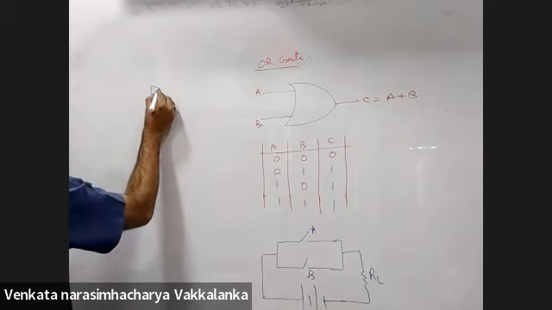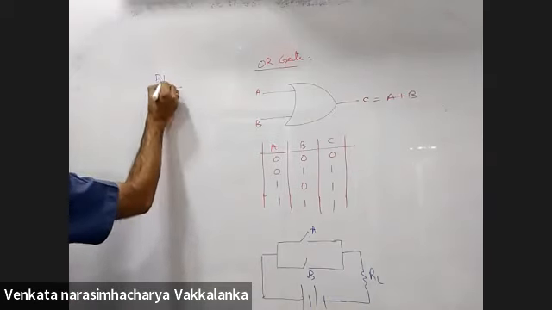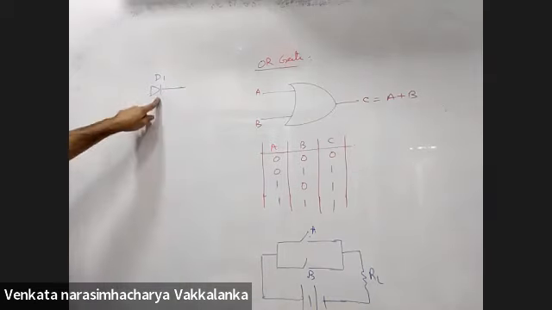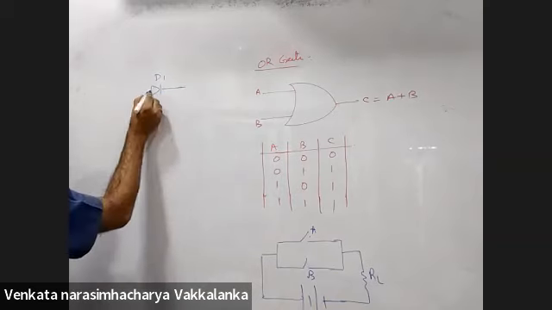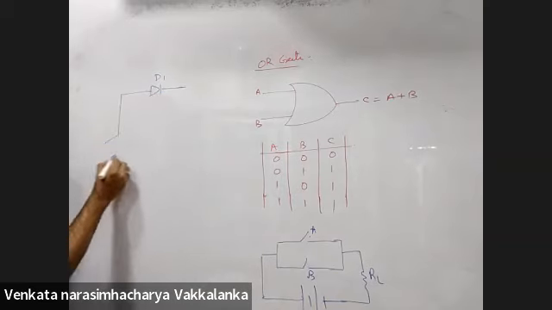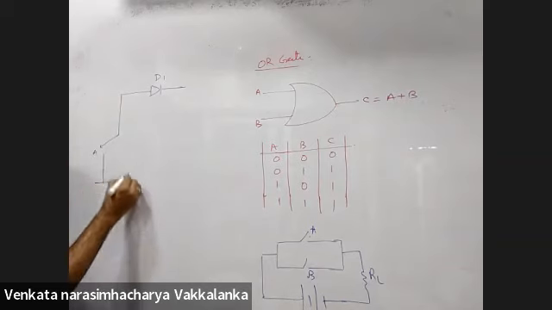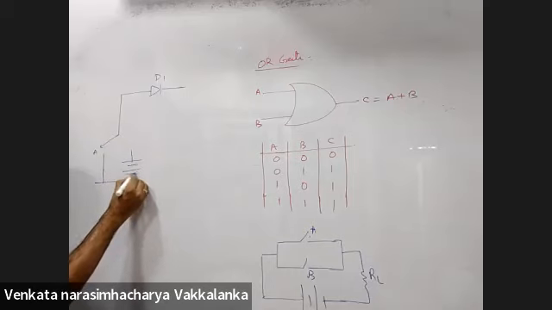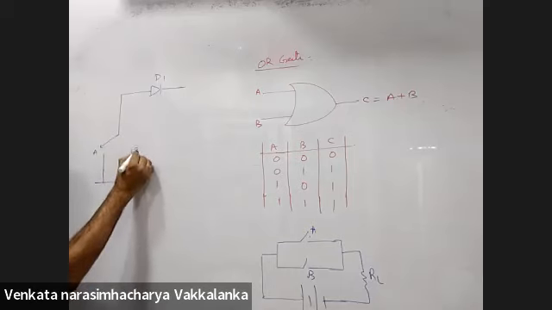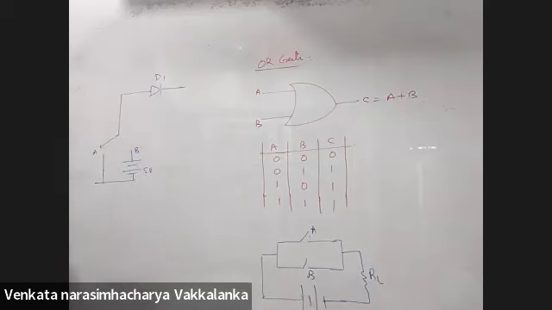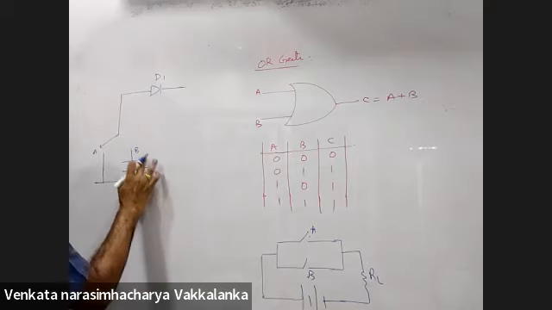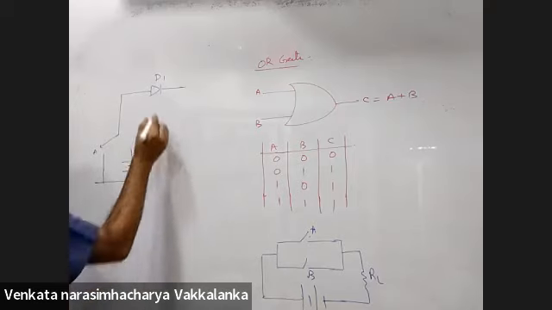You have a diode D1 here. Call this diode D1. This switch can be thrown between A and B. I'll call this A. This will be grounded. This will be 5 volts. This will be B. Right? No, B is the other input.